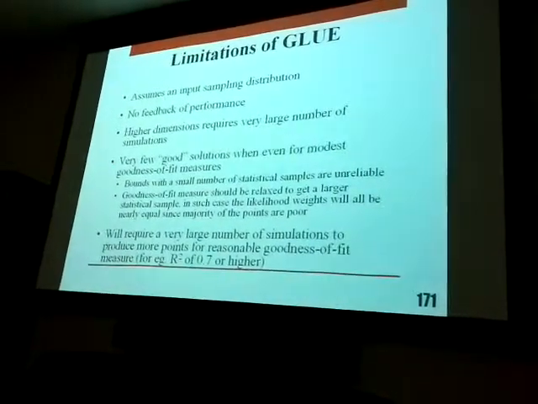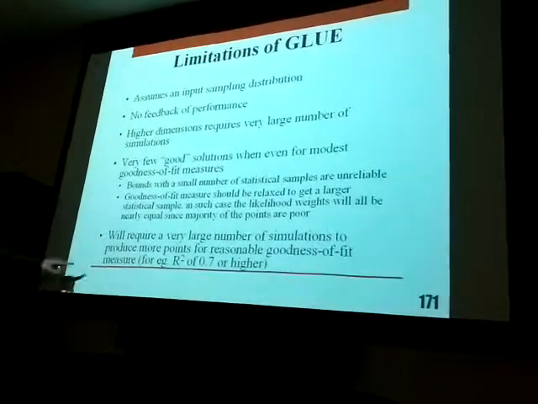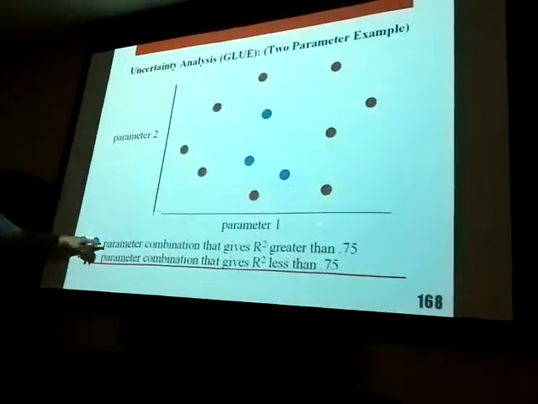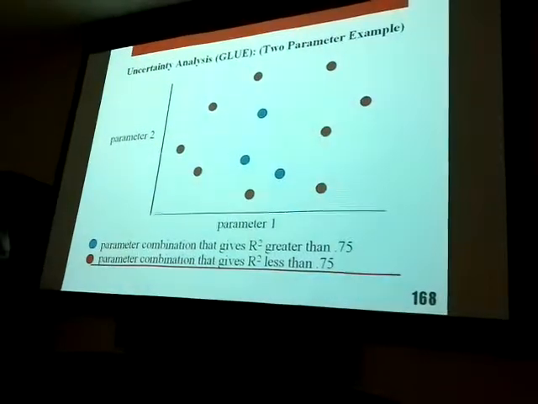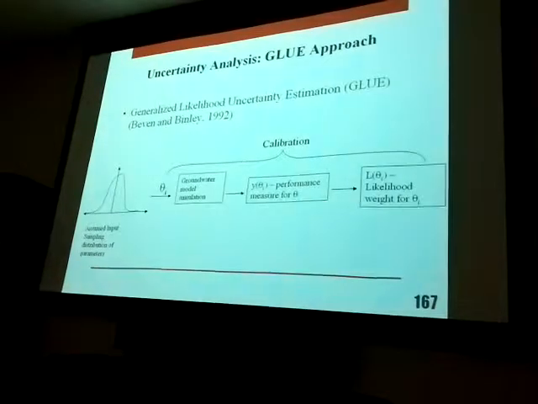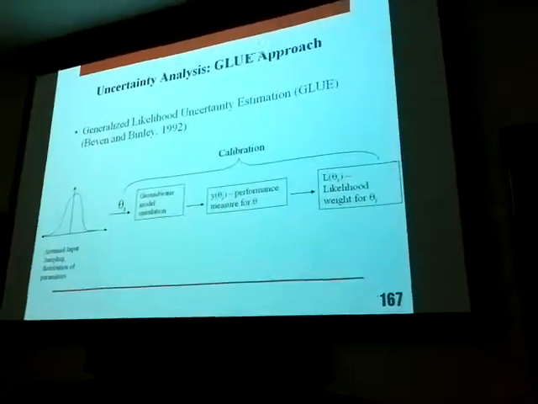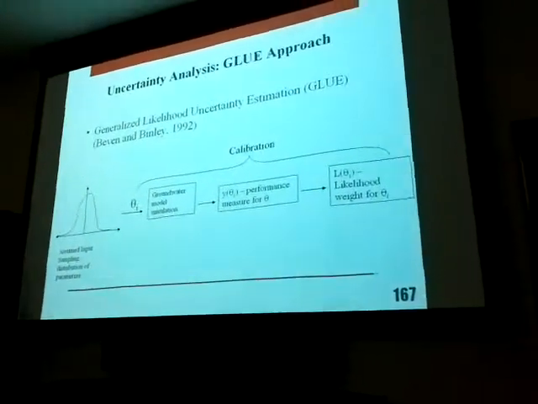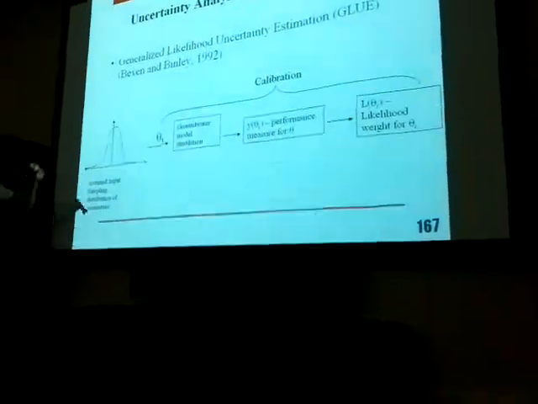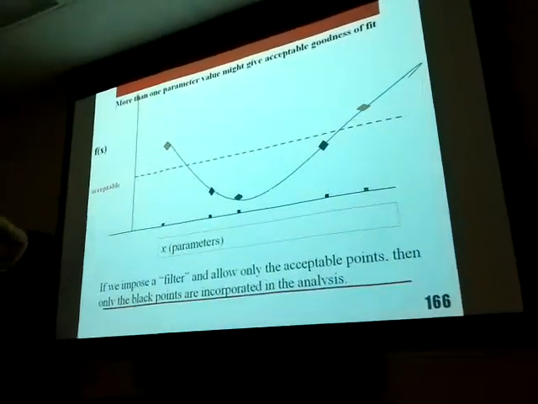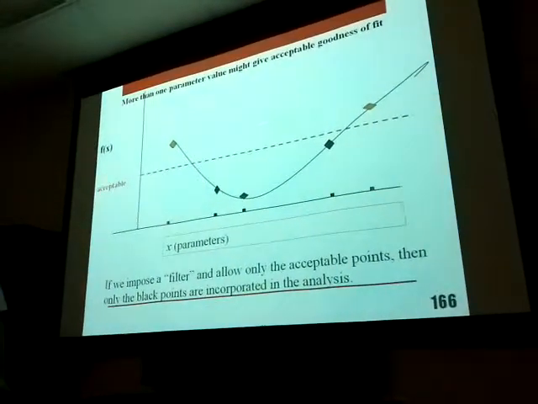So what this means is, in order to produce that, sometimes we have to increase the number of parameters that we're looking at. I said, ideally, we would take our most sensitive and run it, and it would give us multiple sets to choose from. But in reality, that doesn't necessarily happen. So we would have to go back and increase the number of parameters just to get something that is acceptable.